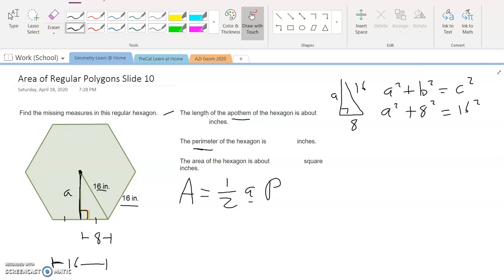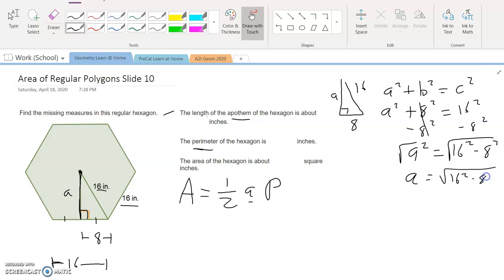Some of you guys may want to square these out. 8 squared is 64. 16 squared is 256. You don't necessarily need to do that because you can do it in your next step in the calculator or leave it as a radical. So I'm going to subtract 8 squared from both sides. And I get a squared equals 16 squared minus 8 squared. Or if I do the last step, take the square root of both sides, I get a equals the square root of 16 squared minus 8 squared.